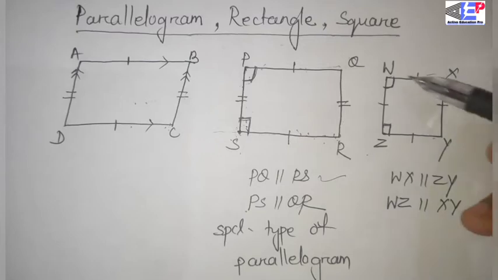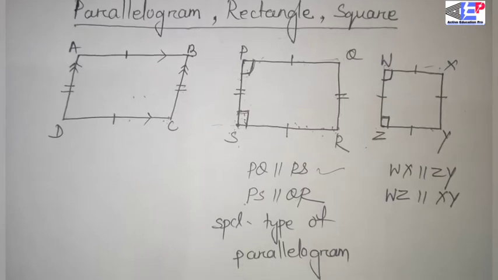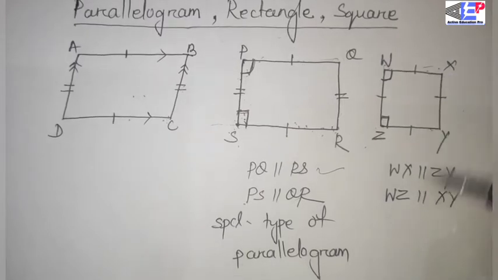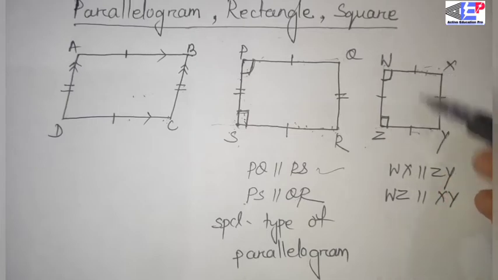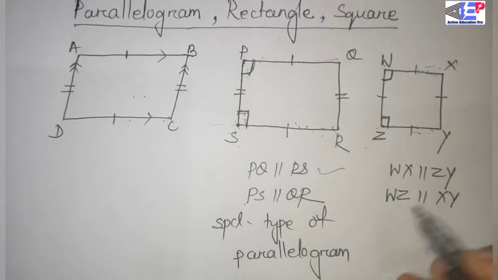Here we know WX is equal to ZY and WZ is equal to XY. So it satisfies the condition of a parallelogram: opposite sides are parallel and the same. So this square is a parallelogram. It is also a special type of parallelogram.